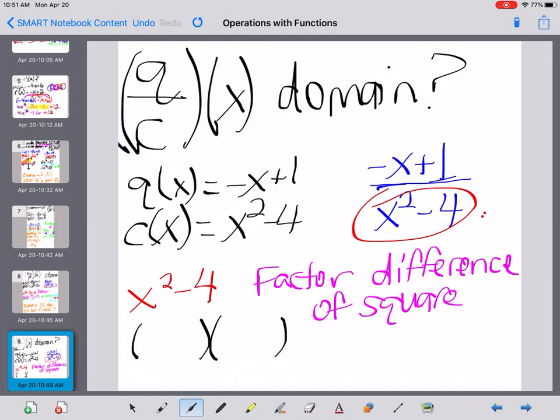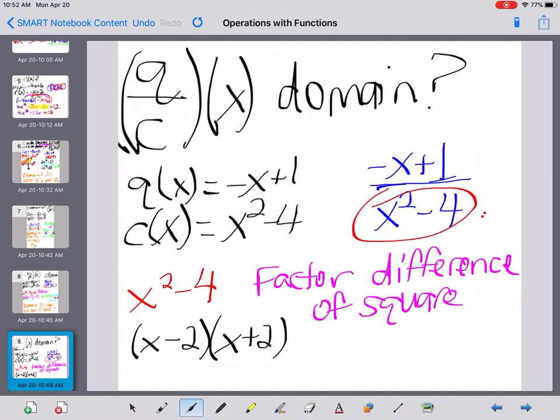So I'm just going to have 2 sets of parentheses. And I'm going to have x and x. X times x gives me x squared. And then 2 times 2 gives me 4. And then one of them is going to be a plus, and one of them is going to be a minus. Okay.